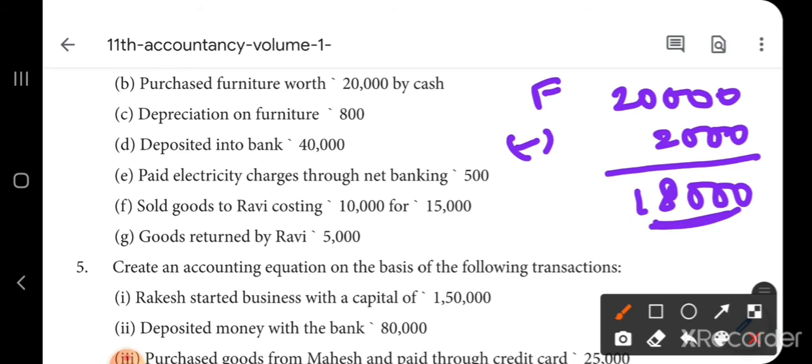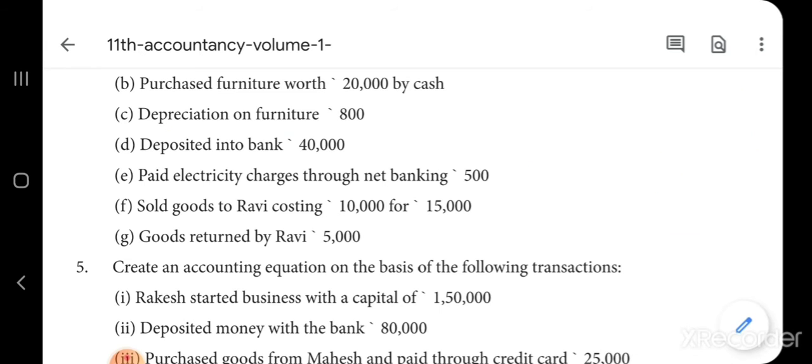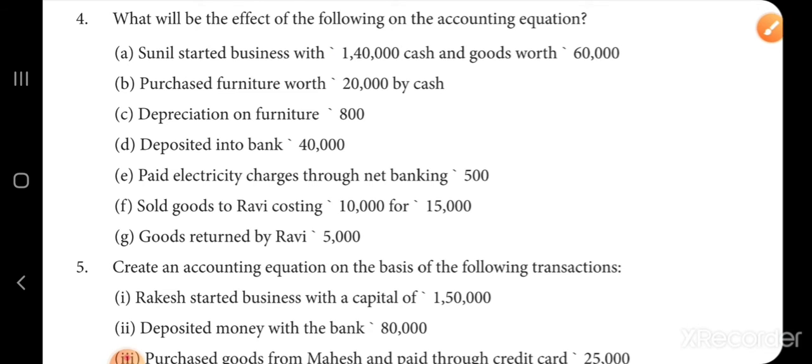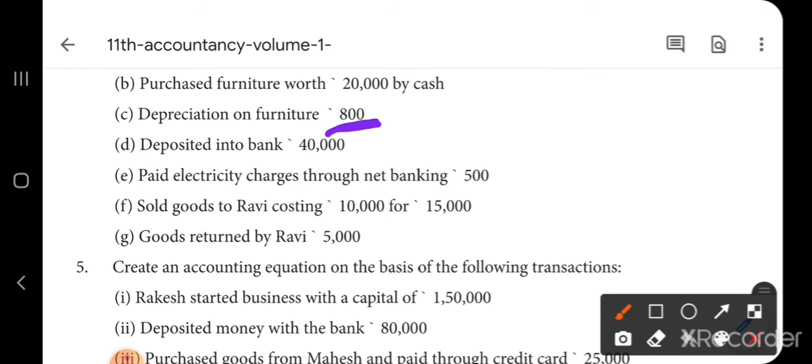So depreciation on furniture means the furniture is reduced to that extent. Okay, and depreciation is a loss. Depreciation is a loss. So what happens? Loss you have to reduce from the capital. So furniture you will show minus 800 and in your capital you will show minus 800.